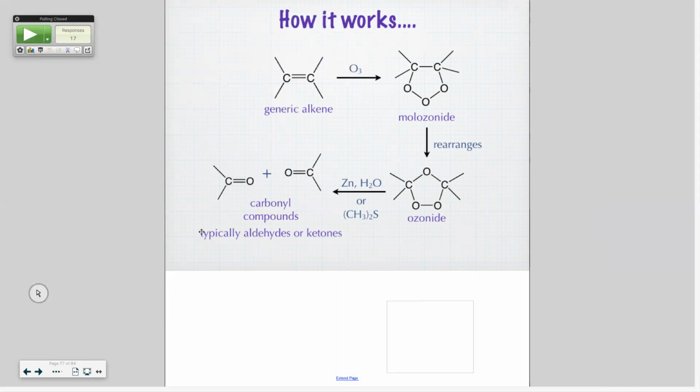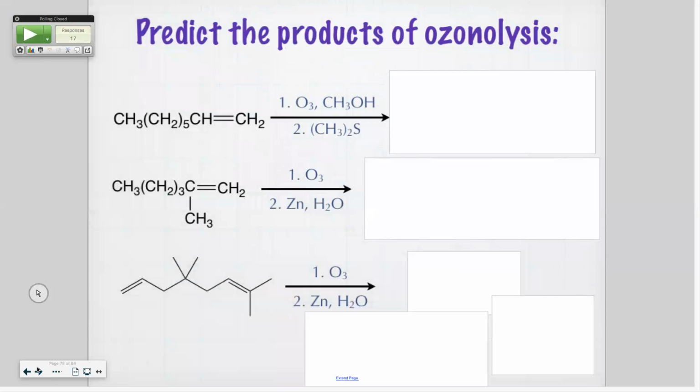Okay, that was the permanganate. This one doesn't give you carboxylic acids. It gives you aldehydes or ketones. Okay, ready for an example? Did you have to draw that down or what? All right, so here's the first one. Oh, and I wanted to mention the alcohol. Sometimes they put it in and sometimes they don't. Typically, methanol or ethanol are used. You don't have to worry about it, but you might see it, and I don't want you to start adding OCH3.